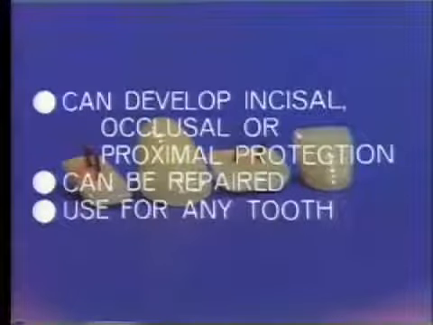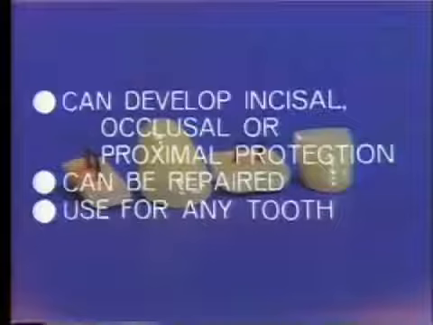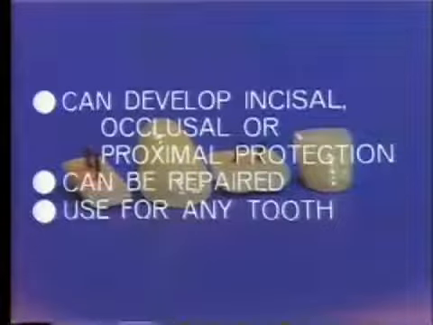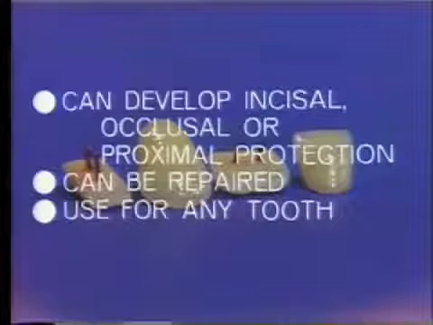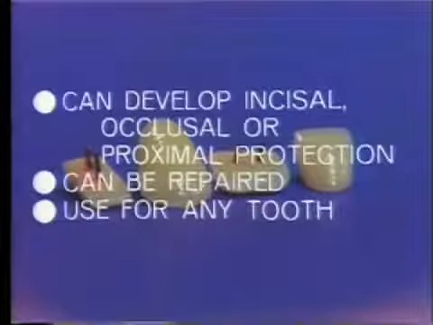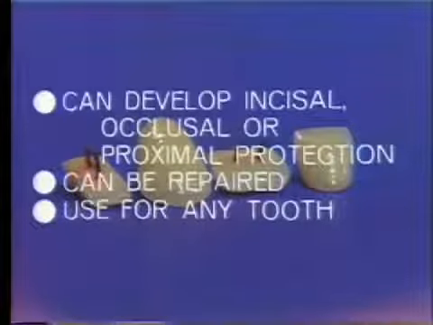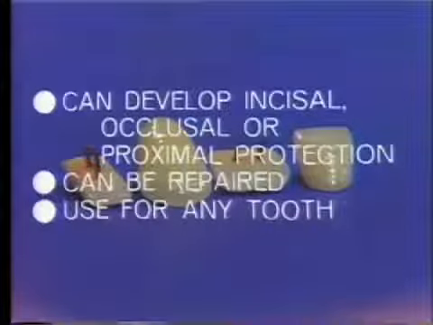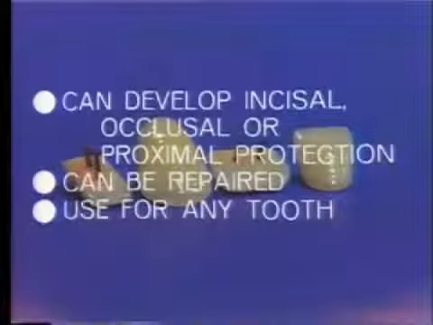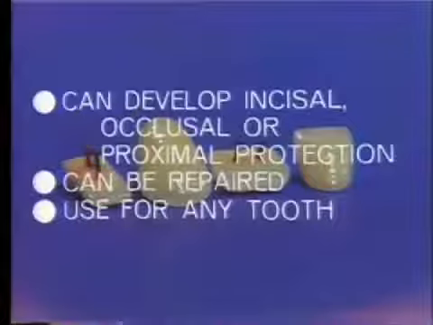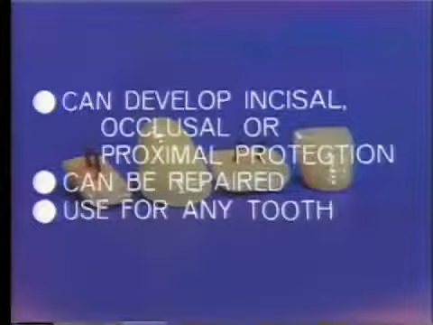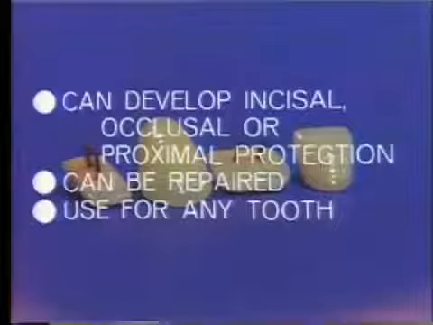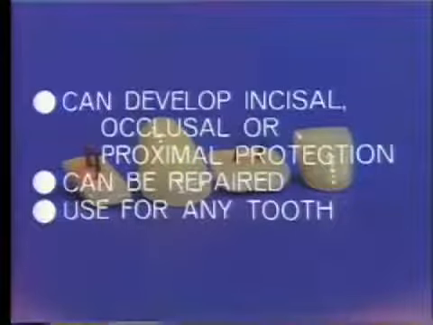Should these facings fracture, which they rarely do, it is not too difficult to repair them without removing the bridge from the mouth. They can be used too for any tooth around the mouth, from mandibular incisors right round to maxillary molars. They are therefore a very versatile Pontic facing which has many advantages and can be used extensively in fixed bridge work.